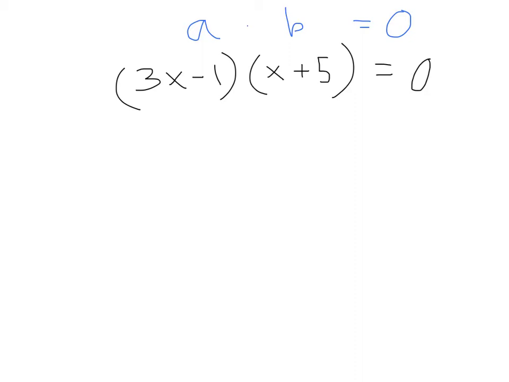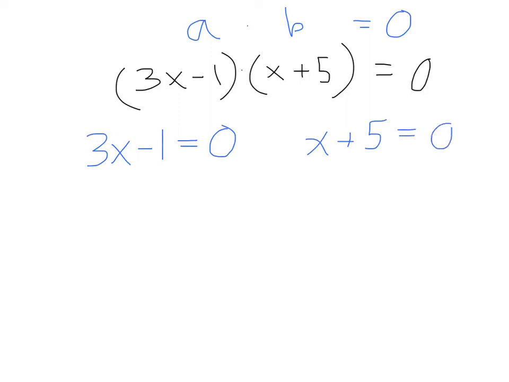They're standing right next to each other, so the operation is understood to be multiplication, and their product is 0. Well, to directly apply the zero product property, if two things multiply together to make 0, either the first expression could equal 0, or the second expression could equal 0.